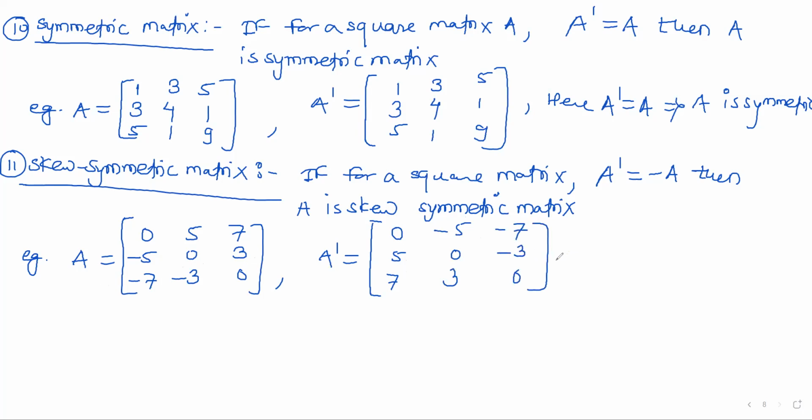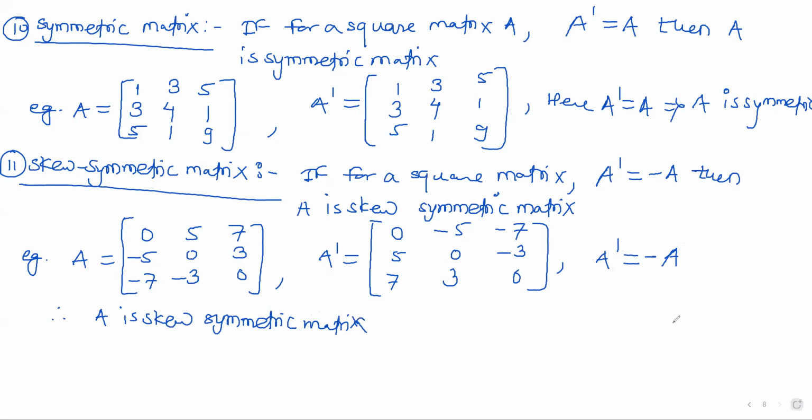If you observe, A transpose is 0 -5 -7, 5 0 -3, 7 3 0. If you notice, it is nothing but the original matrix with the signs changed, and therefore A is a skew symmetric matrix. Okay, is it understood?